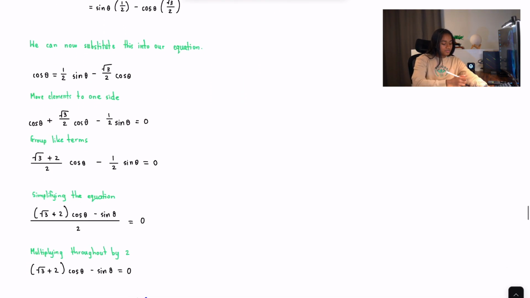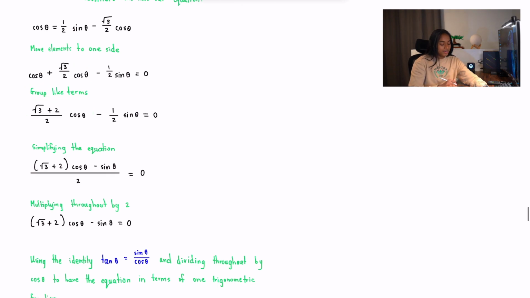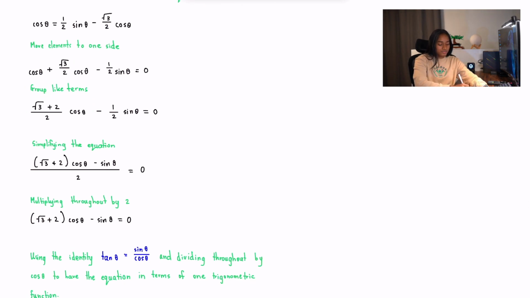So now we're going to move all the elements to one side and have the equation equate to 0. We're going to group all the like terms, and that would be cos and cos. So we put them into one term, and then, of course, it would still be equal to 0.